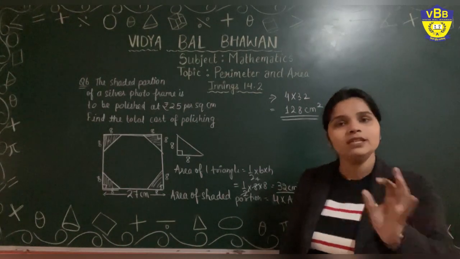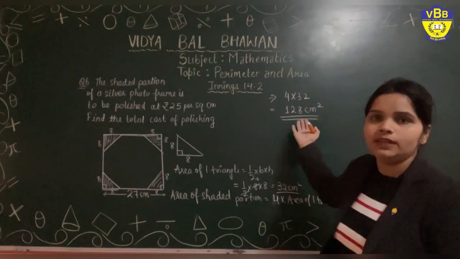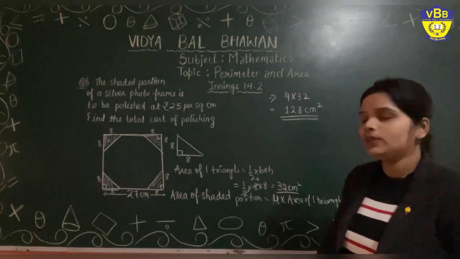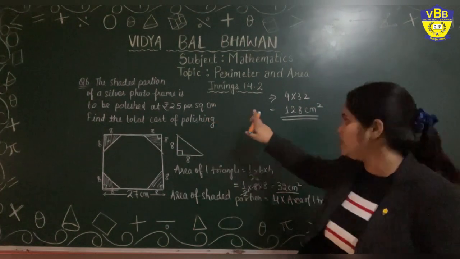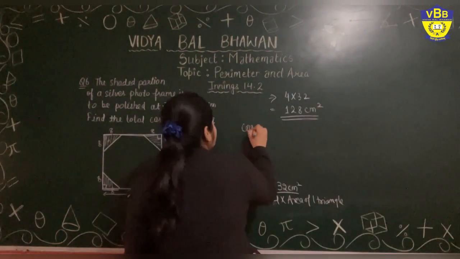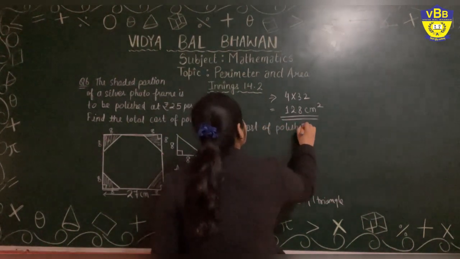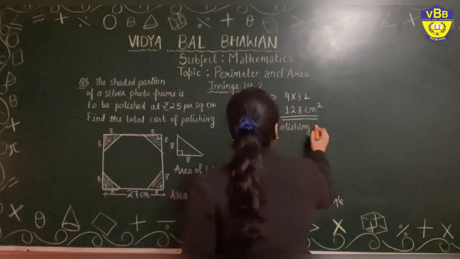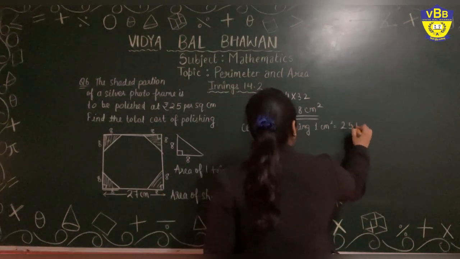Now, if cost of 1 centimeter square is 25, what will be the cost of 128? By the unitary method, you can find the cost by multiplying the cost of 1 centimeter square by the required area. Cost of polishing 1 centimeter square is 25 rupees.